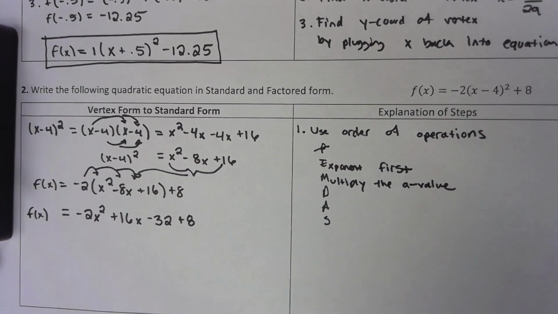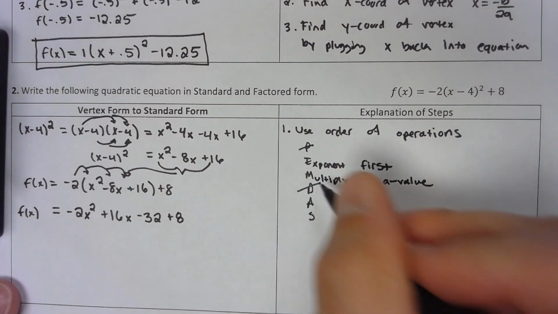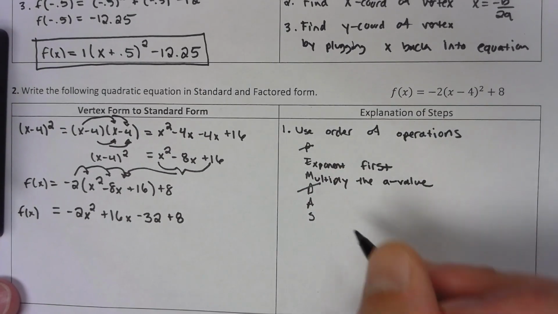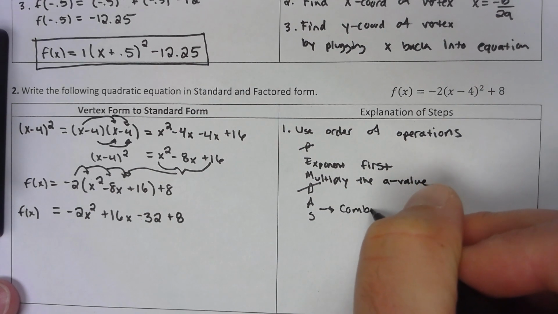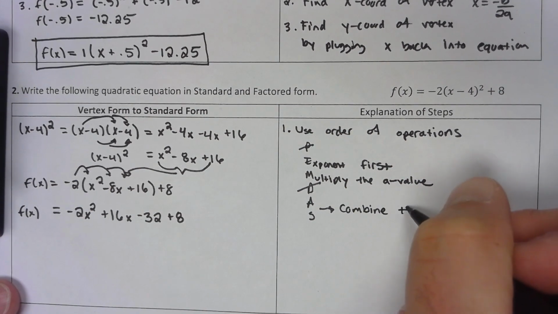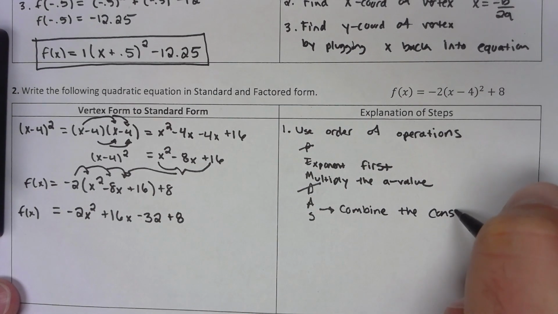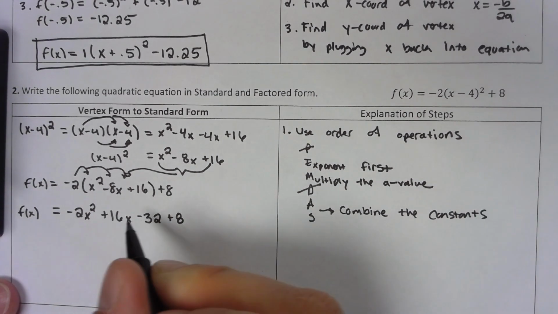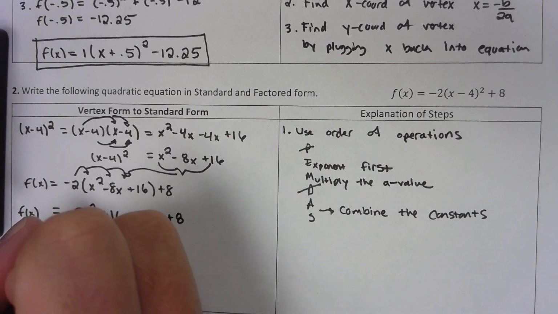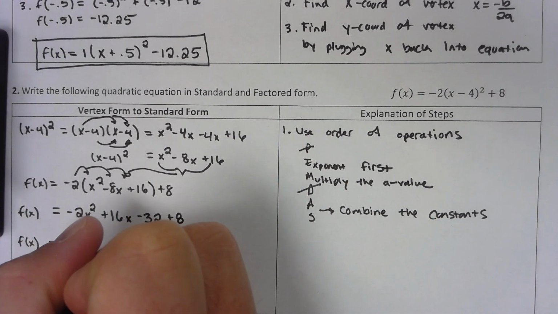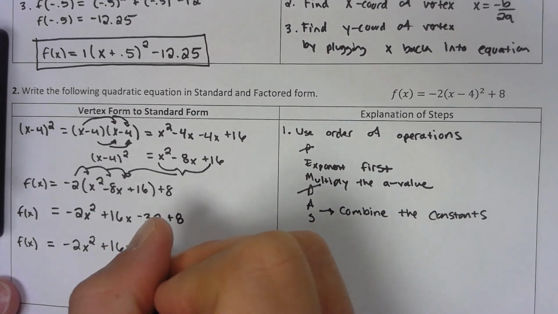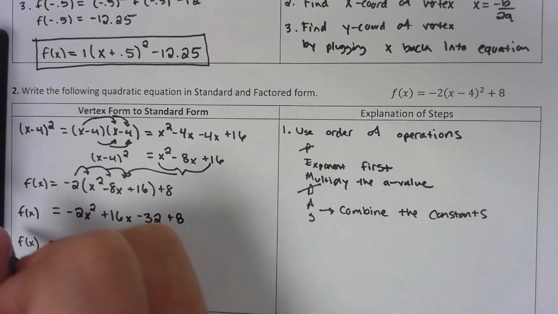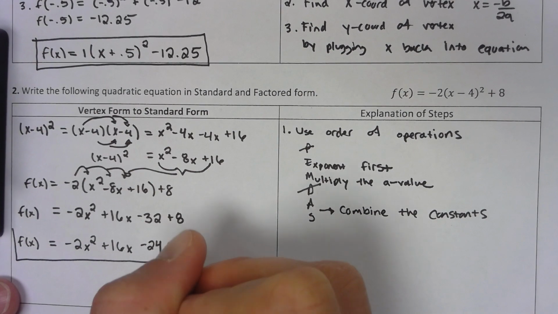And then the last thing we need to do, there's no division, there's either addition or subtraction, telling us to combine the constants, so the negative 32 and the 8. So it's negative 2x squared plus 16x and then minus 24. And we are all done.